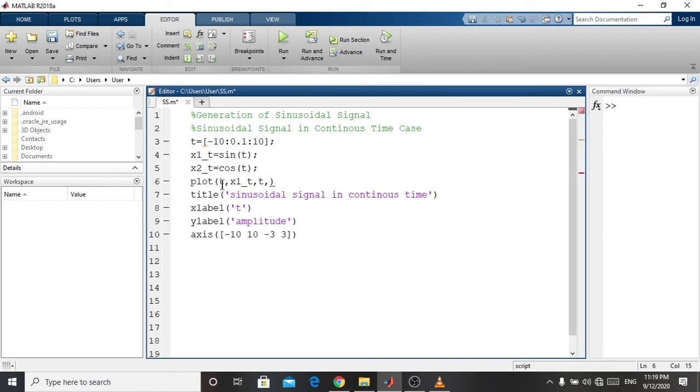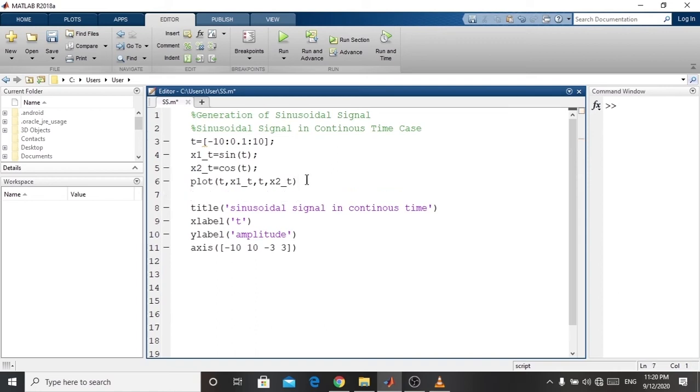Here the x-axis is represented by time and y-axis is represented by x1 of t, and in the second case the x-axis is time and y-axis is x2_t. Here I use another function known as legend. I will show you why I use this function after running the code.